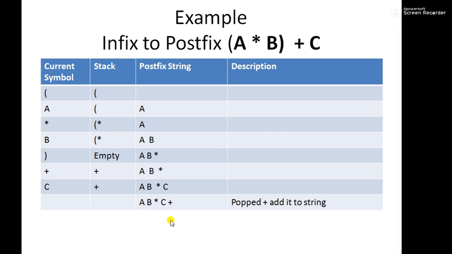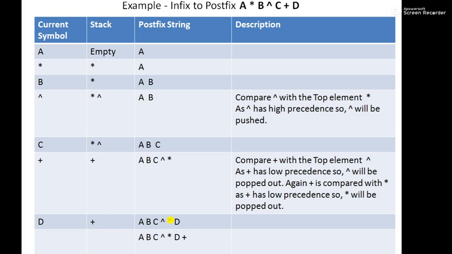Okay, now let us check another example. A star B exponential C plus D. A will be read, so it is an operand, and it will be added into the postfix string. The stack is initially empty. Now the program will read multiplication, it is an operator, so it will be pushed into the stack. Then the next symbol is B, an operand, so it is added here. The next symbol is exponential.